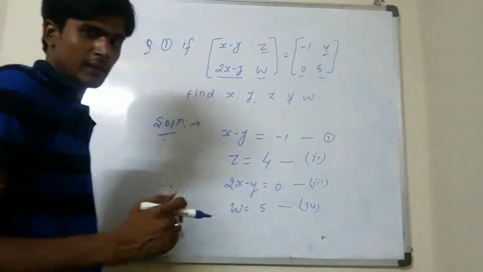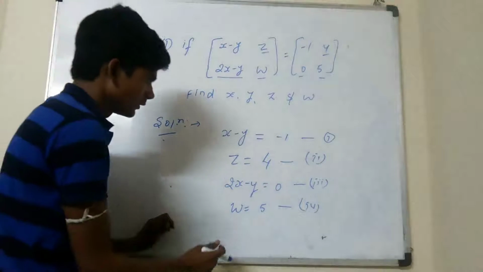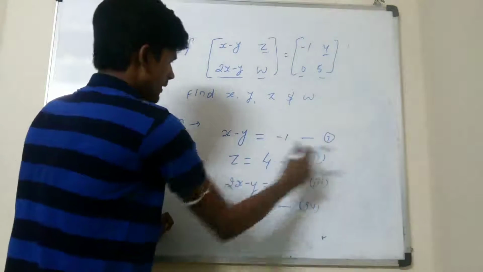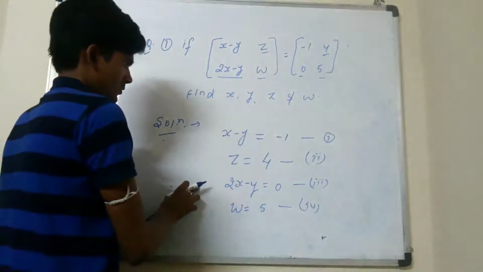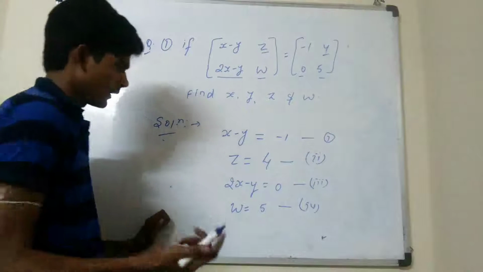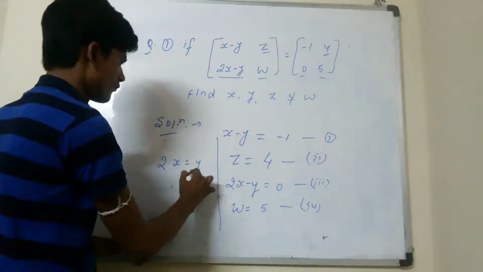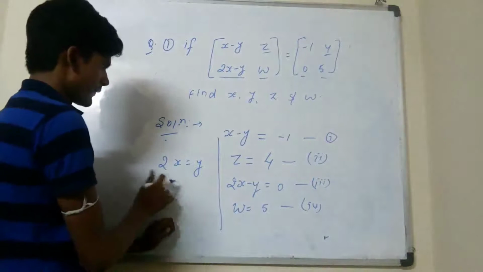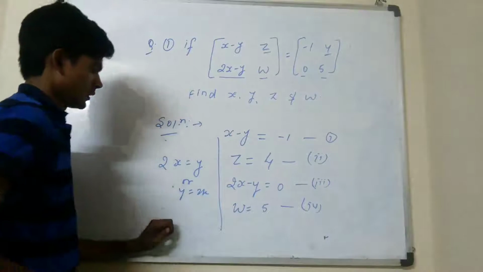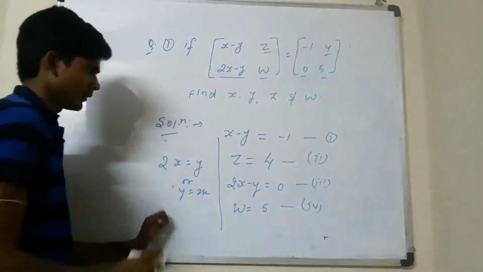What is the value of x and what is the value of y? Now consider equations 1 and 3. From equation 3 we can write 2x equals y. That means y equals 2x. So just put the value of y in equation 1.